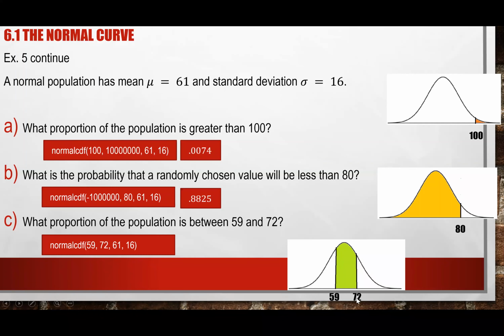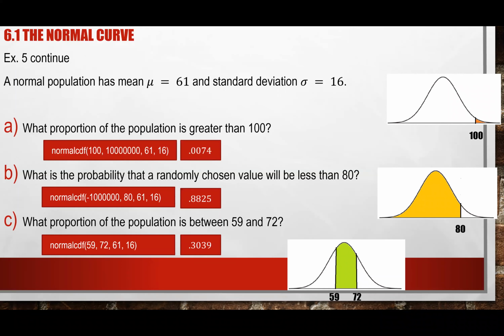I type in normal CDF, 59, 72, 61, which is the mean, 16 is the standard deviation, and you type it in your calculator this way. And you will get 30.3039.